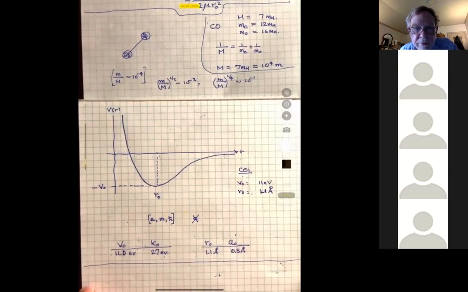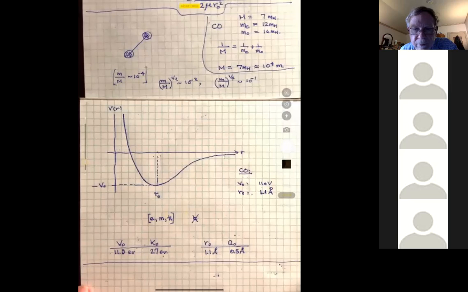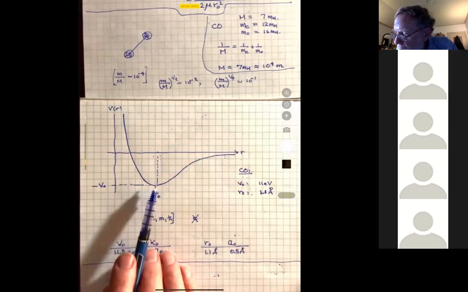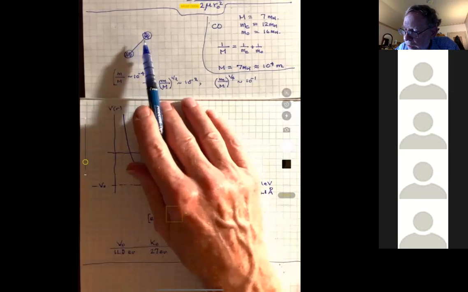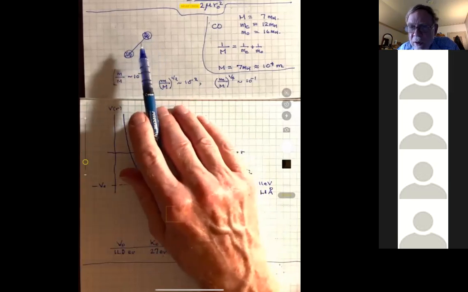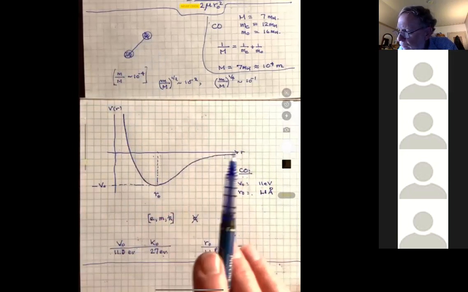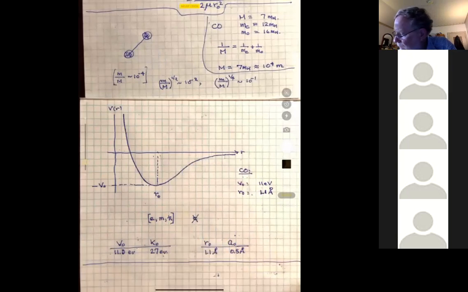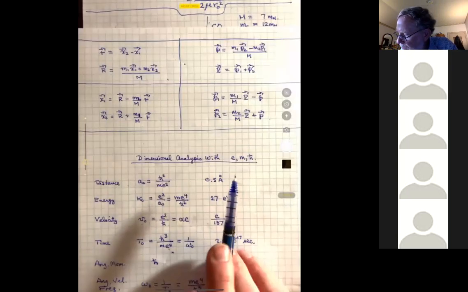Can you go over the logic for why V0 here should be of the same order of magnitude as K0? Yeah, because the dynamics of this curve has to do with the dynamics of those two electron clouds. And there are only three fundamental physical constants that appear in the dynamics of the electron clouds: e, m and h bar.